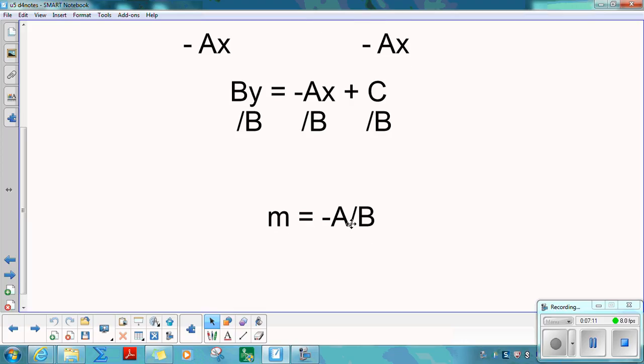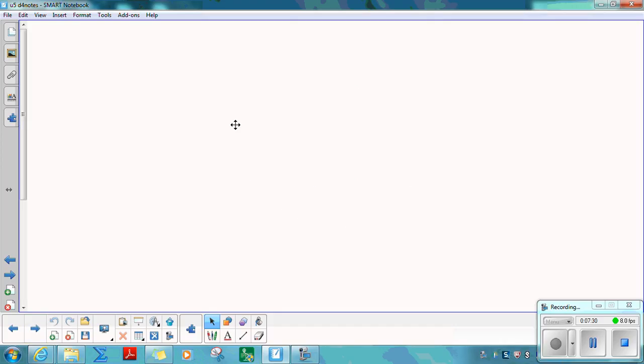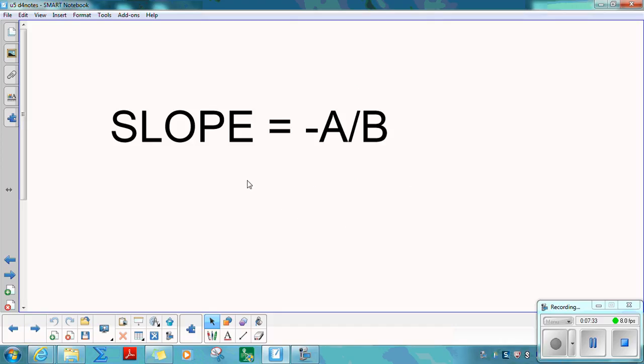The m is negative a over b. So if you can remember negative a over b, it's the negative of whatever a is divided by whatever b is. Okay? So slope is negative a over b.